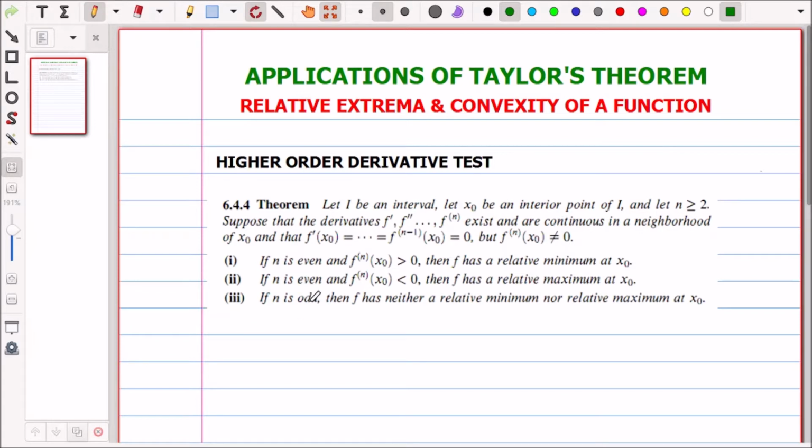And if n is odd, and fn x naught is non-zero, then f will have neither relative minima nor relative maximum at x naught. So if any point is point of relative extrema, then for odd n, fn x naught should be equal to 0.